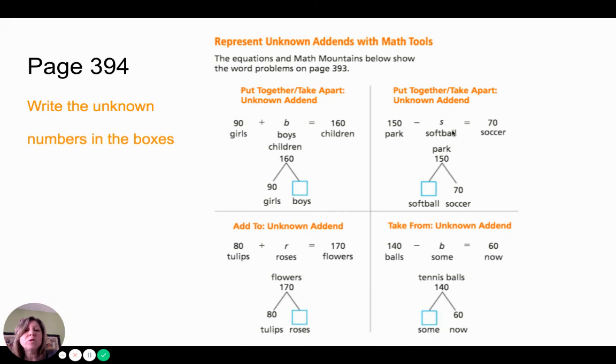The next one, maybe you used an S variable for softball. Go ahead and fill in the numbers that you used in the boxes here of the missing addends, just showing you the connection between the equations and the math mountains.